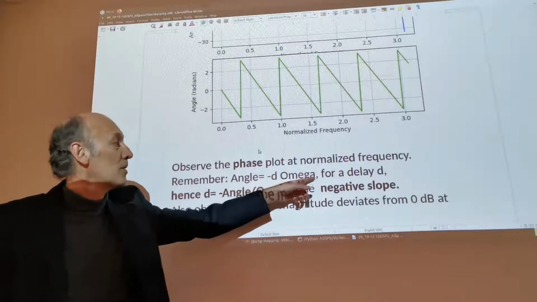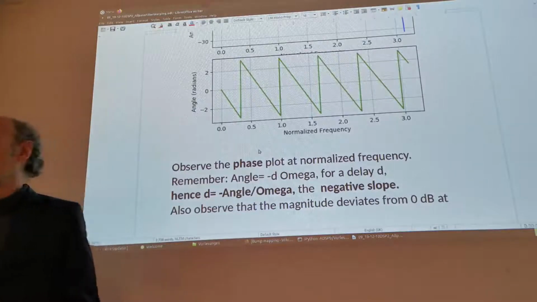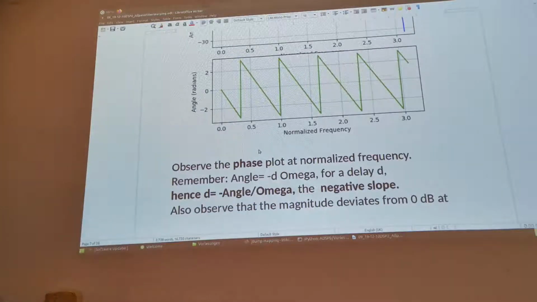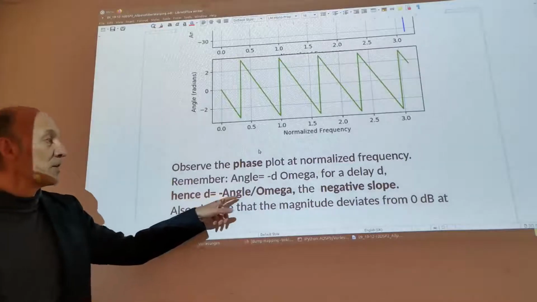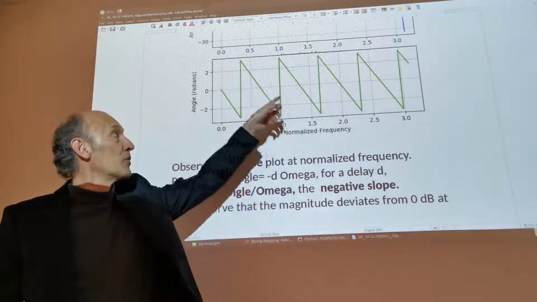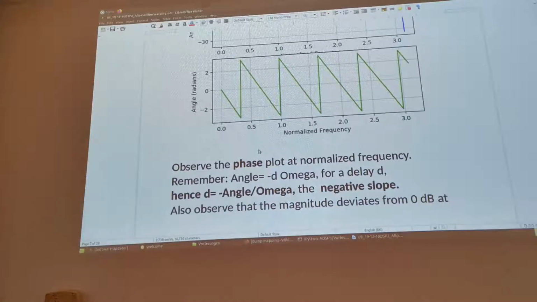So we have a linear function, at least for this ideal case of a constant delay, and that means this delay is simply the negative slope of this function. So we just need to determine the slope of this function. How do we determine the slope here?